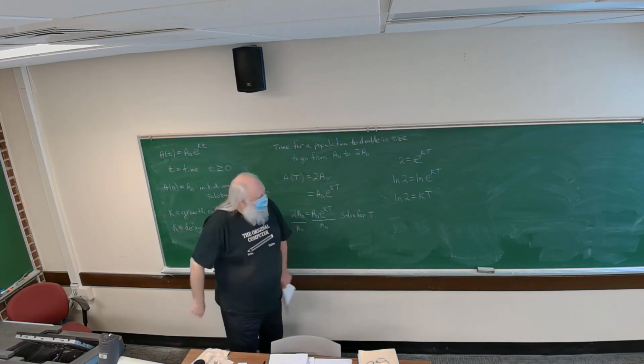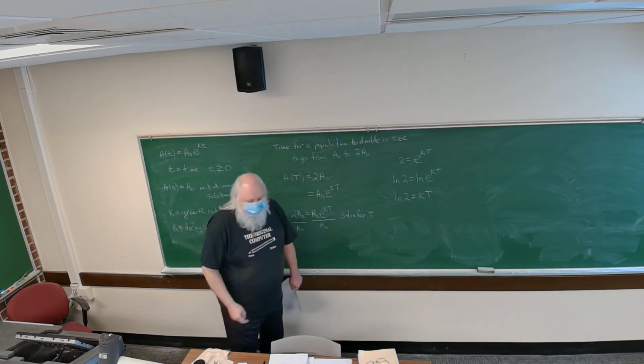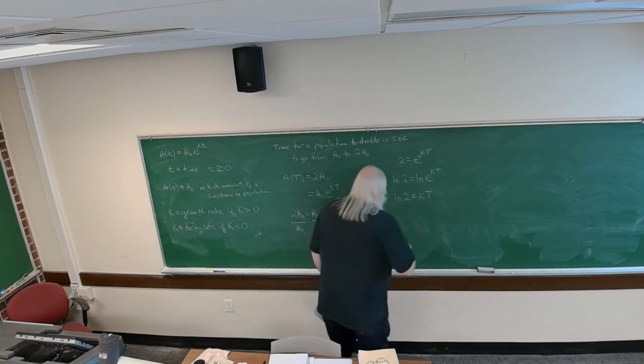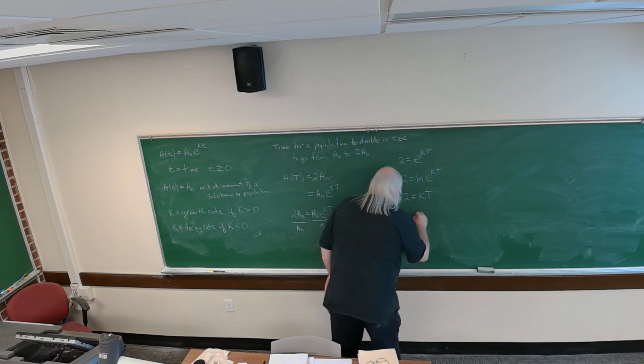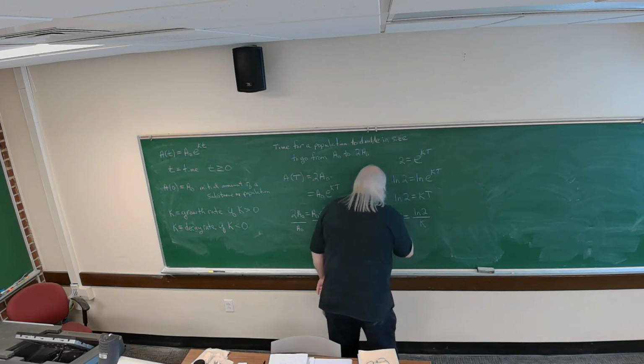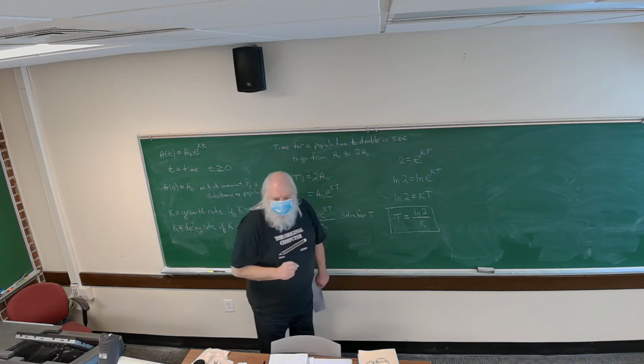And now I divide both sides by k and switch the sides. I get the time it takes for a population or substance to double is equal to the natural log of 2 divided by k. That's the formula. Okay.